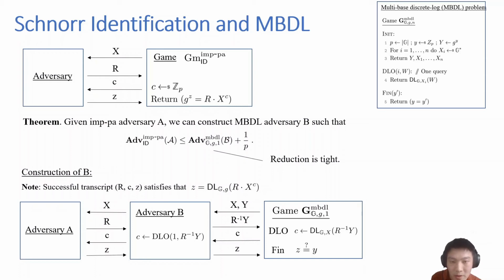And the impersonator will respond with Z, and the adversary B will then use the Z as the guess for the small y. So let's see why setting the value of R inverse Y as input into the discrete log oracle will work.